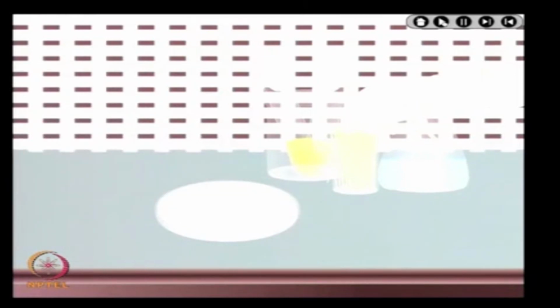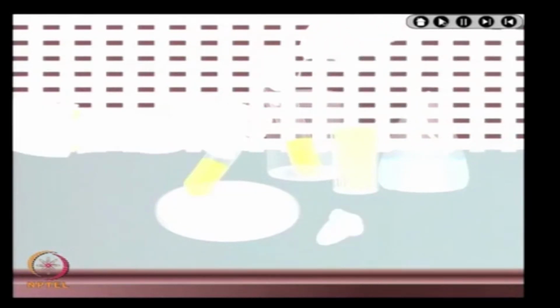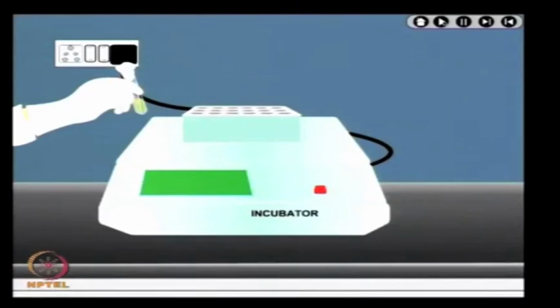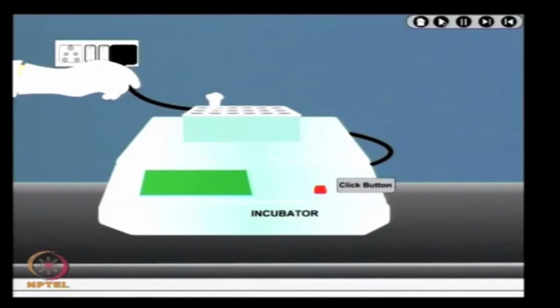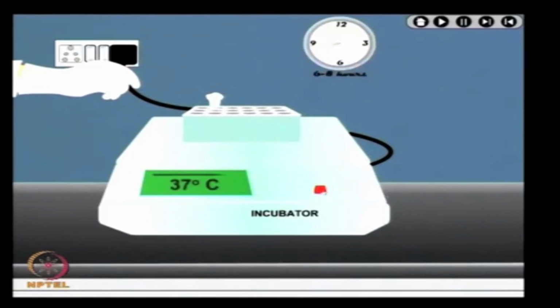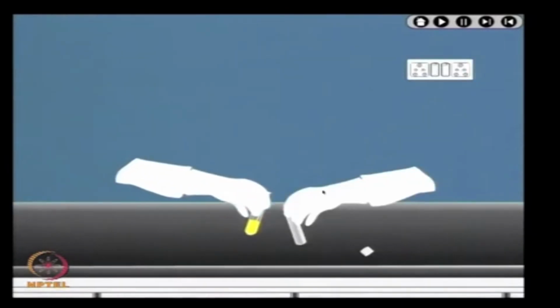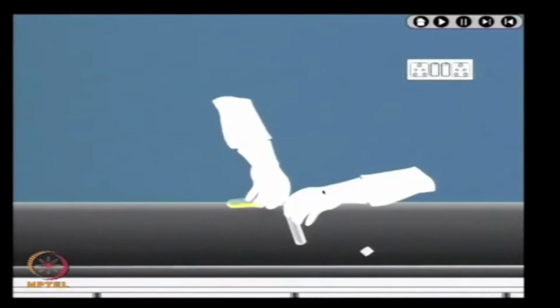For any bacterial proteome analysis, first you need to grow the bacterial cultures on LB media containing a suitable antibiotic. The proper 37 degrees temperature is provided for overnight or 6 to 8 hours of growth.